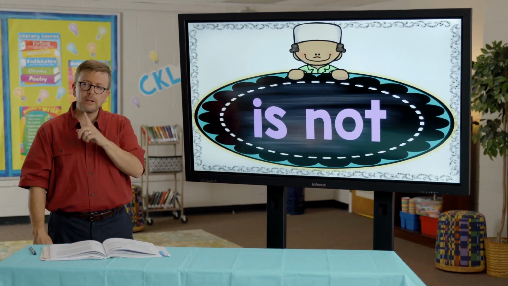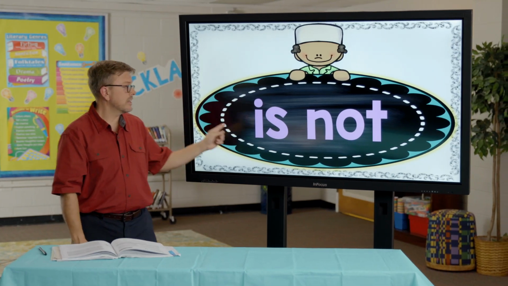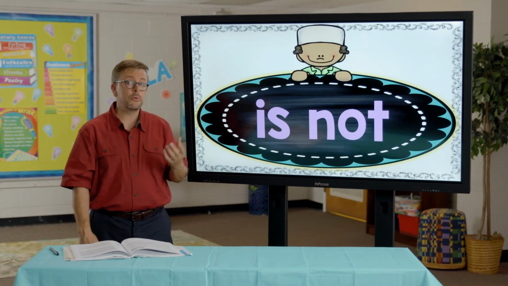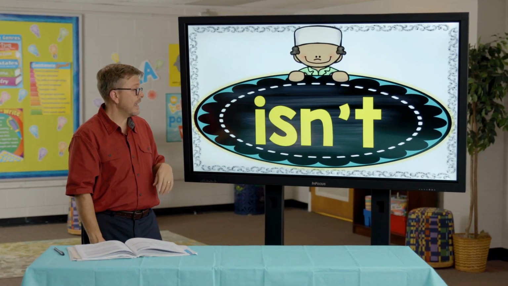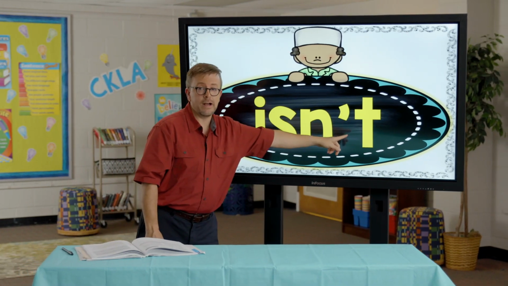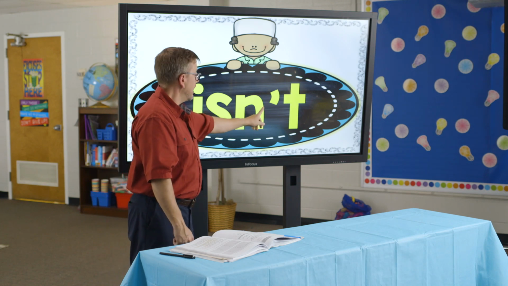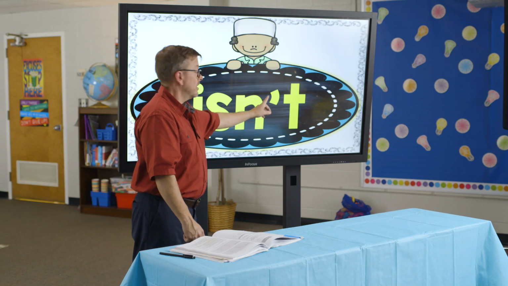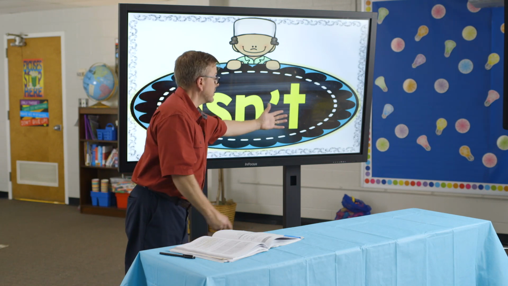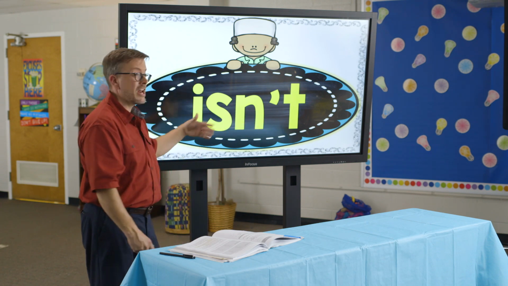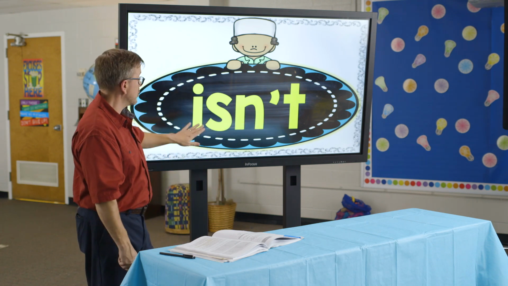Is not. Now we've got a little bit different one here. When we look at the two words is not, we're going to put an apostrophe in there, and look what happens. We took the O out and put the apostrophe in its place. So this is isn't. You'll notice the N and the T stay, the O drops, but the word comes together. Let me go back a slide to show you.